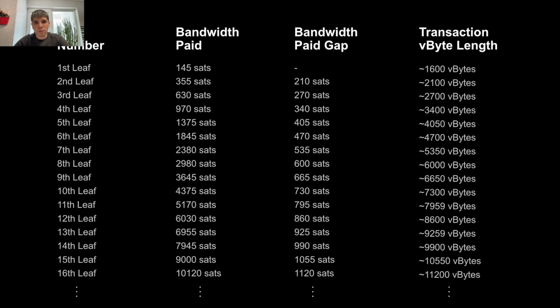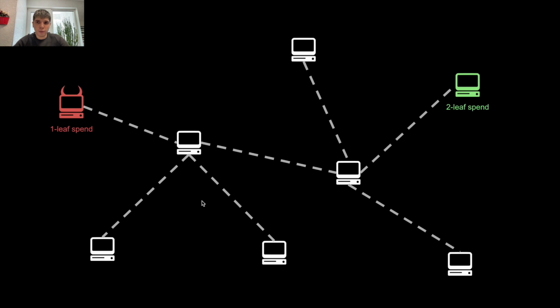And that is based on the vbyte length of the replacement transaction multiplied by the minimum relay fee. And by doing the calculations, each leaf span has to pay a certain amount of bandwidth. So imagine a scenario: we have an honest node and an evil node.